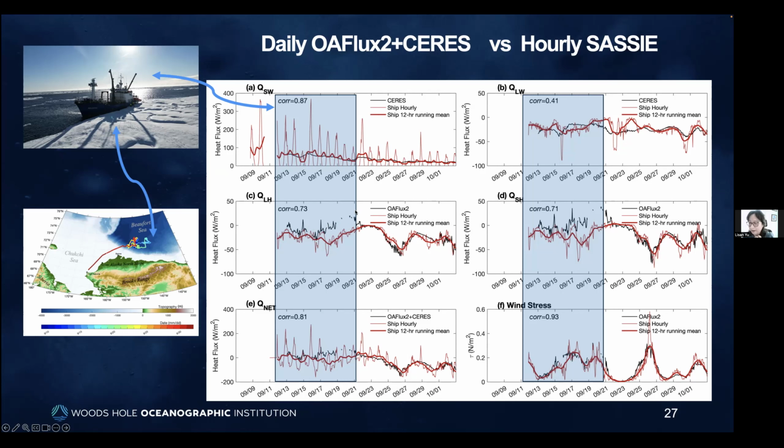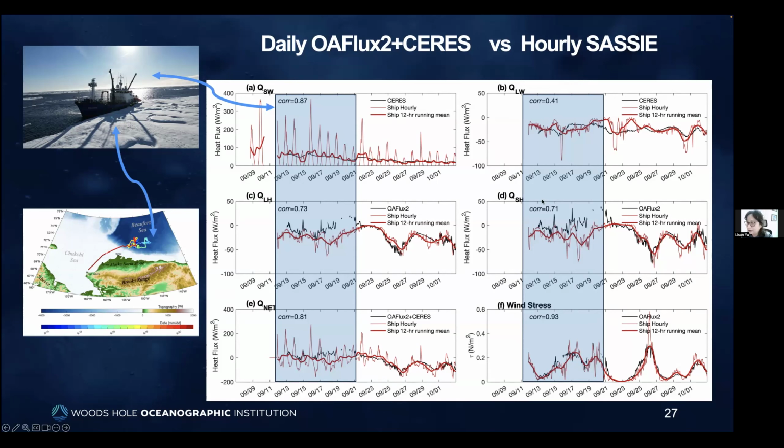So we do very well once the ship is away from the marginal ice zone, but we are not able to come down to the ship levels in the marginal ice zone, because the flux is a 25 kilometer area average, and the ship is just one point along the line in the whole ocean.